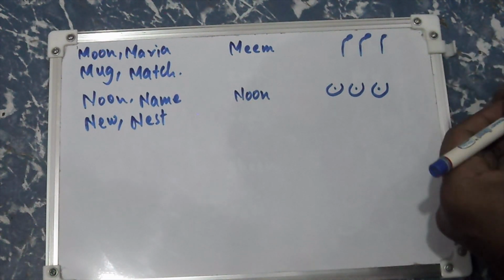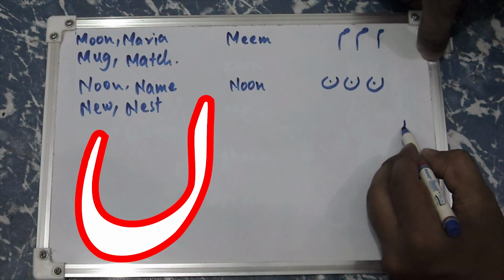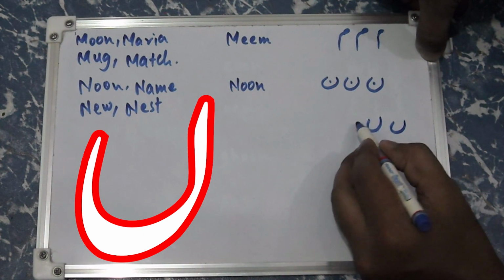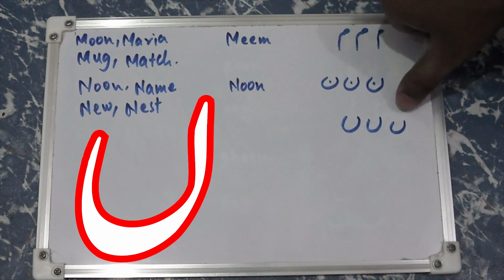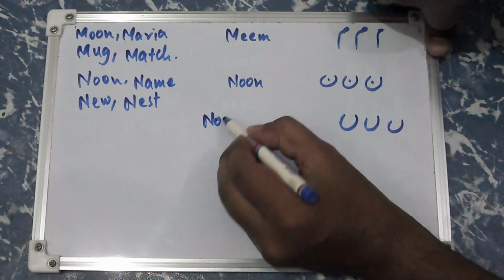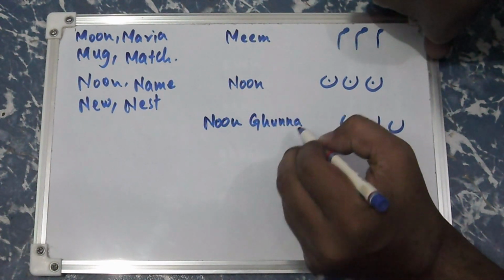And the last alphabet of today's lesson is this noon gunna. It's similar to noon, but it does not contain any dot in it, and it is pronounced as noon gunna. Perhaps it would be a little difficult for you.